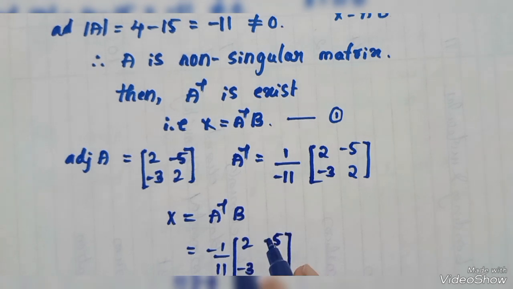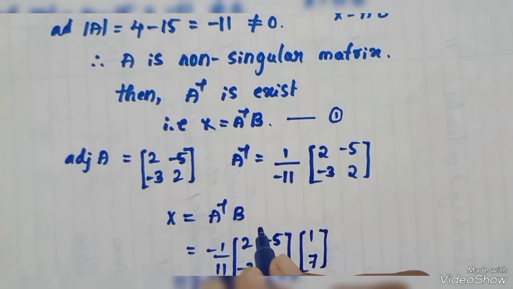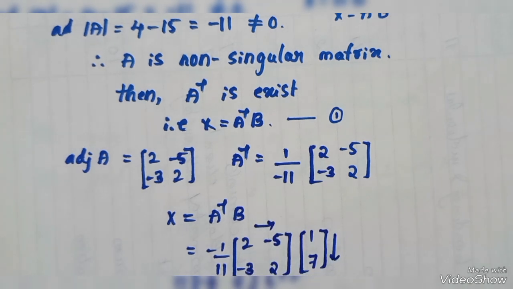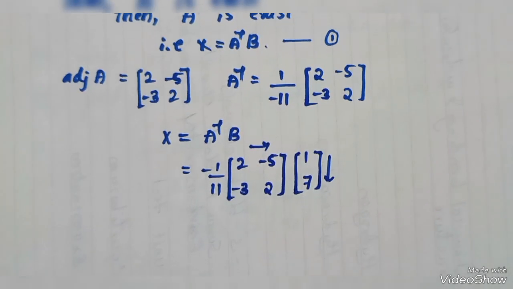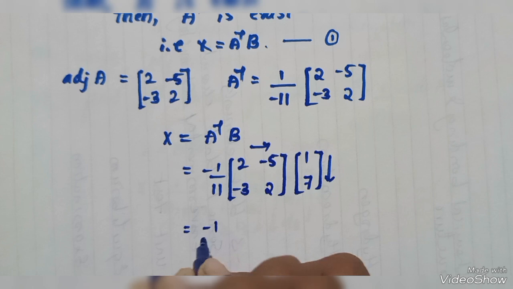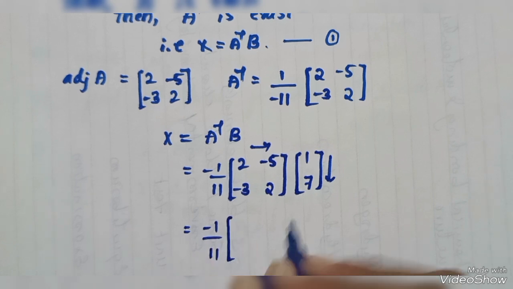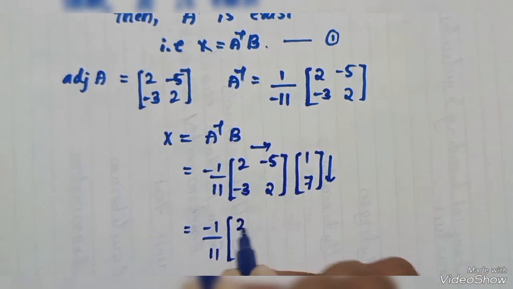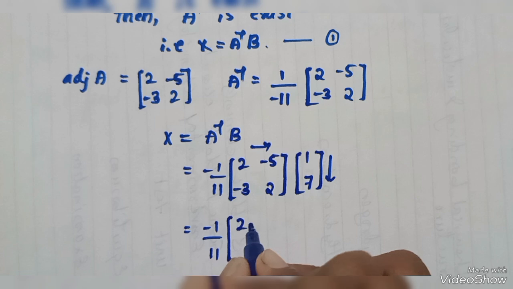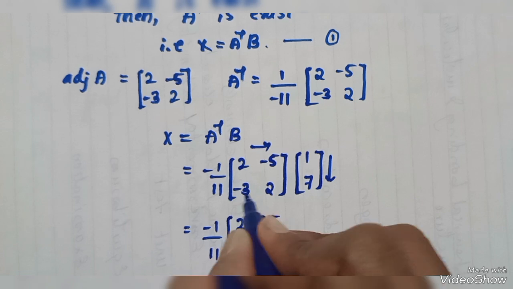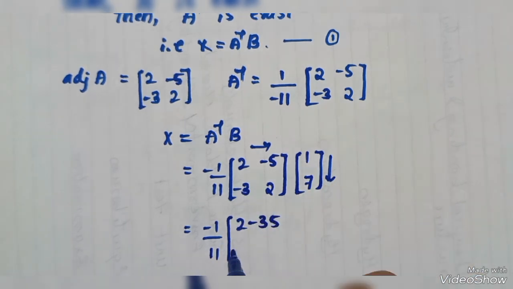The B matrix contains the values 1 and 7. Taking the multiplication, we get minus 1 by 11: 2 into 1 is 2, minus 5 into 7 is 35, minus 1 into 3 is minus 3, and 2 sevens are 14.